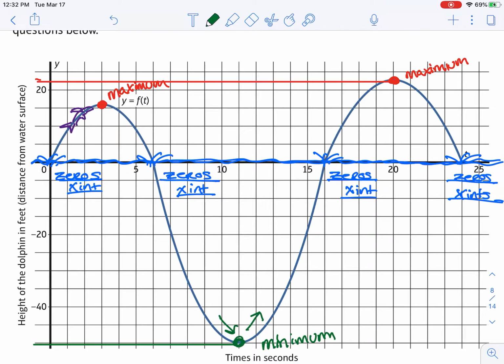I want you to notice that this goes by 1, 2, 3, 4, 5, whereas this one goes by 1, 2, 3, 20. So we got to take a guess. And for me, that's 5, 10, 15, 20.